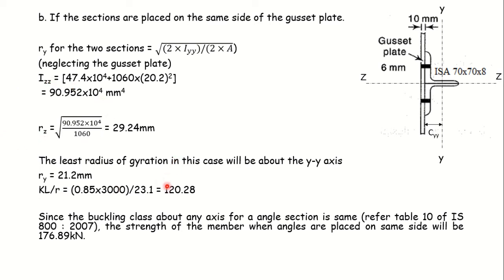And you can proceed either using equations, that is by calculating phi and the stress reduction factor, and then finding FCD. That can also be done here. In that case, alpha will be 0.49, the value of alpha in that equation, buckling class C. It will always be buckling class C for angle sections. So alpha will be 0.49.